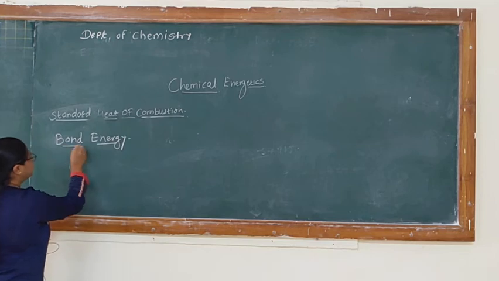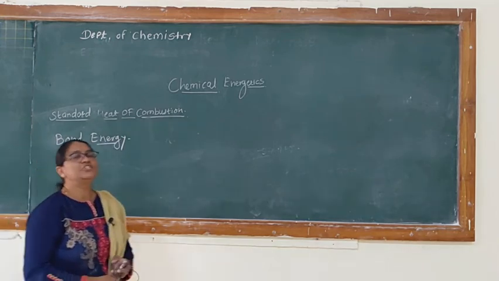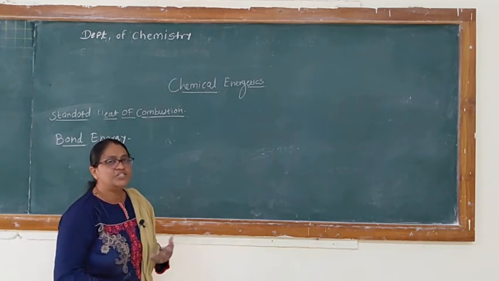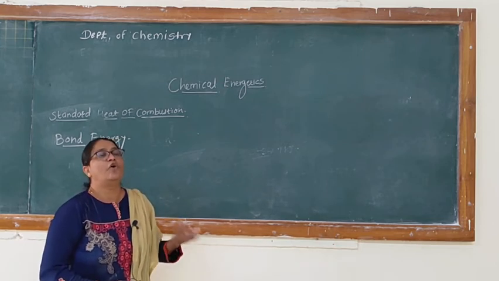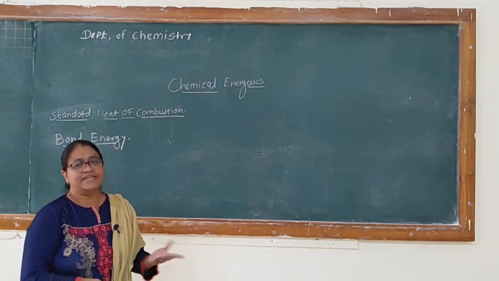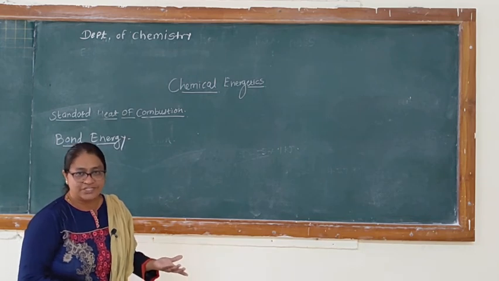Now what is the bond energy? The bond energy is nothing but the energy which is required to form a bond or break the bond. That is specifically called the bond energy.